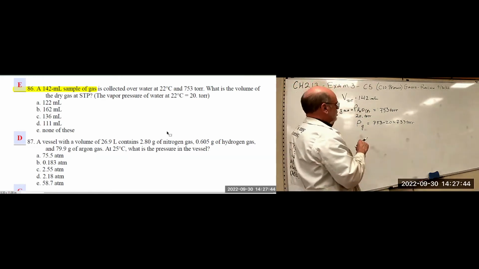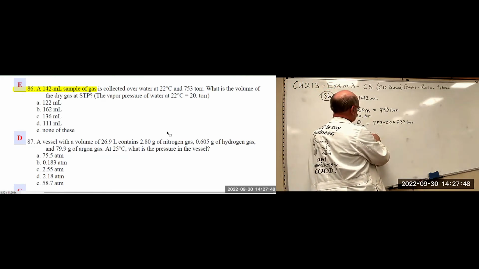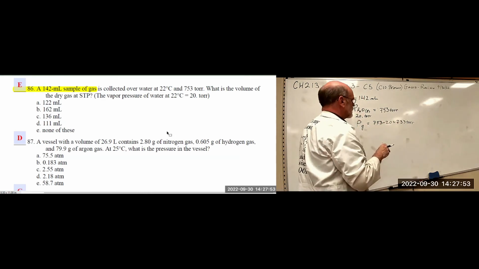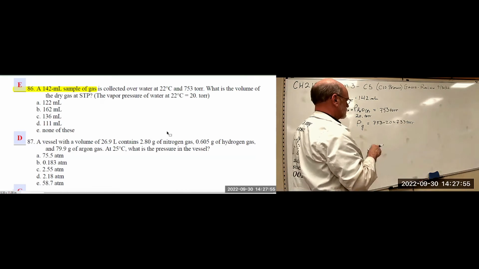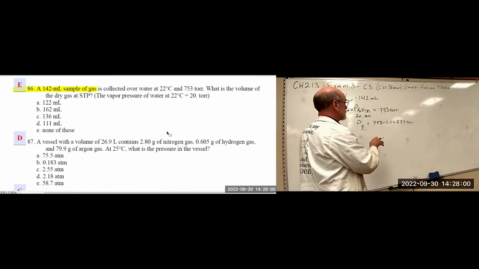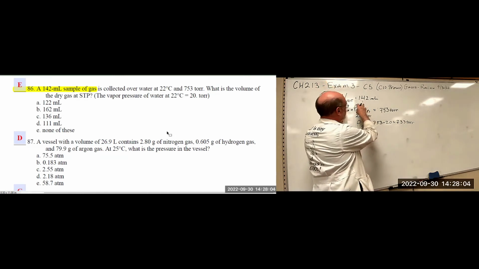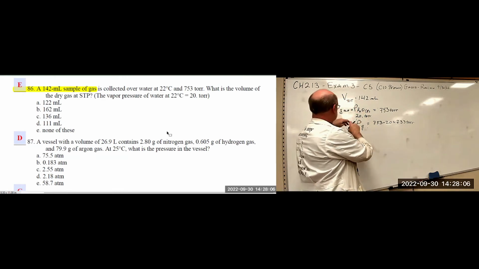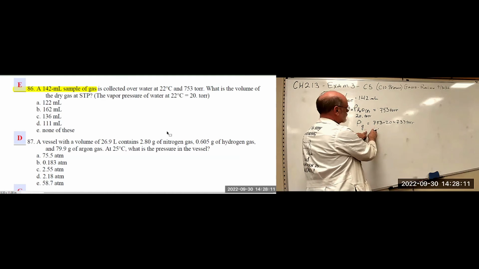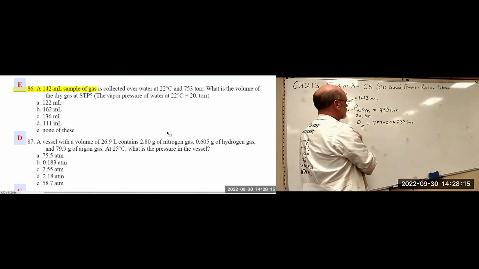So this difference in pressure between 733 and 753 is a ratio of moles, and if they're at the same temperature, then the fraction of volume that's occupied by the gas, all we have to do is take the ratio of total volume.